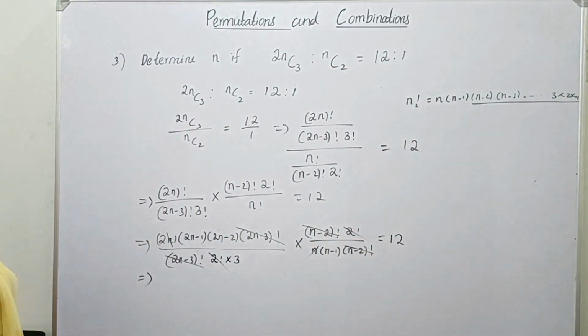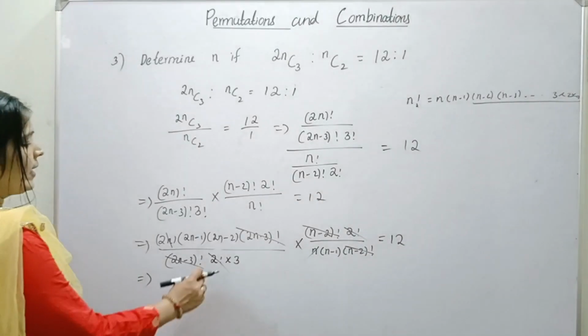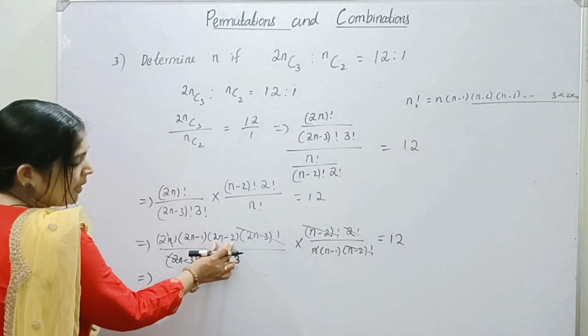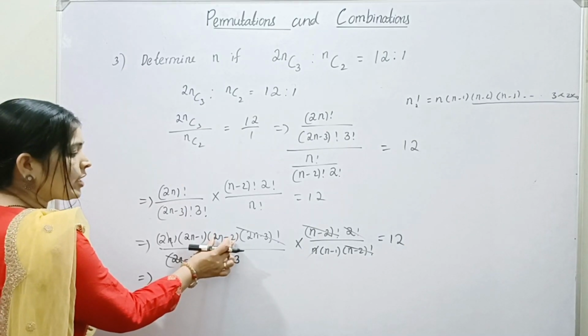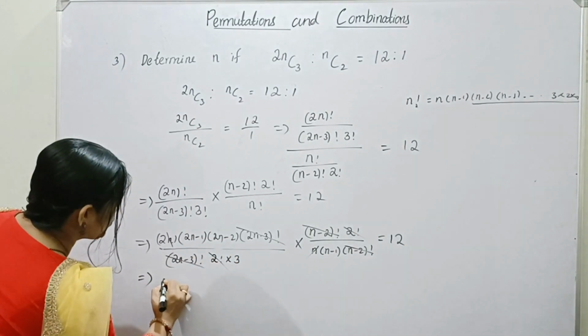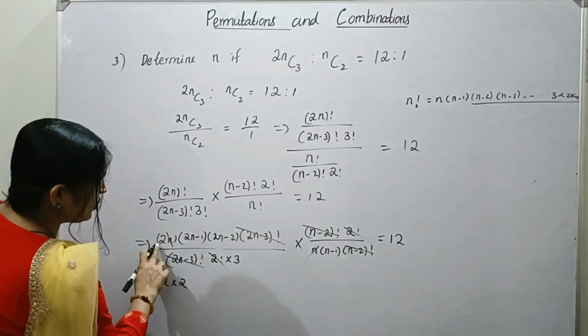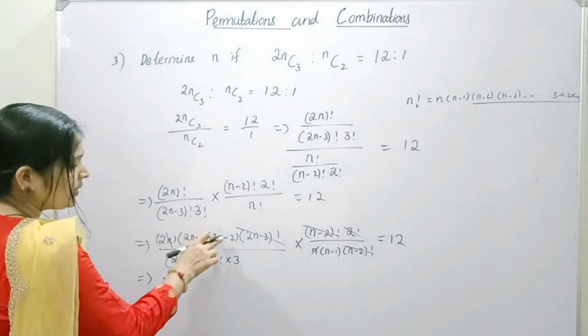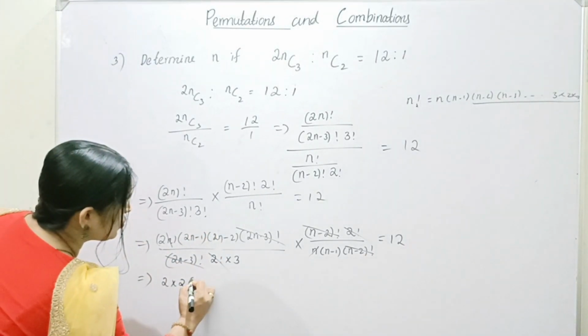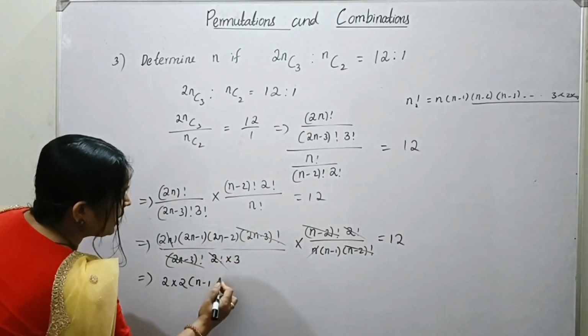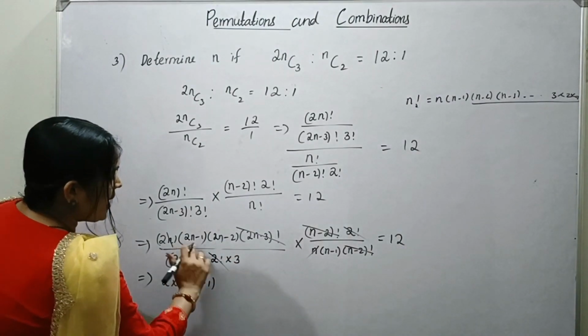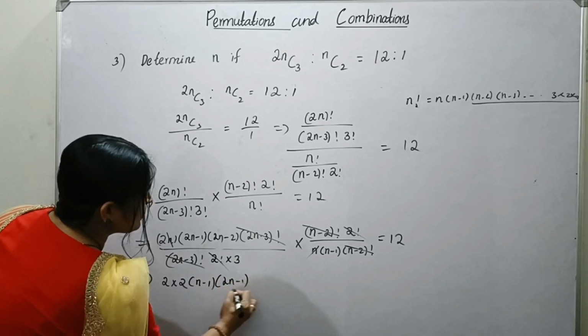In the remaining terms, in 2n minus 2 we can take 2 outside, so 2 into 2, and we get the term n minus 1 and 2n minus 1.